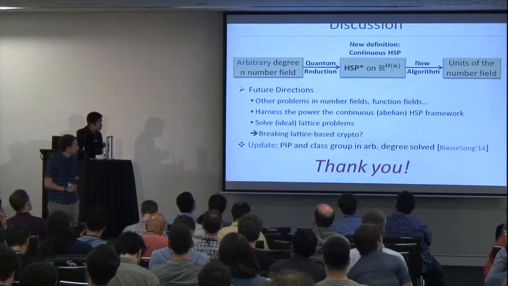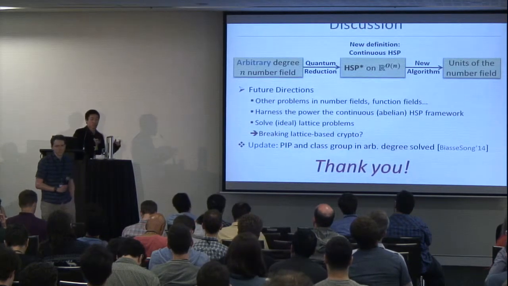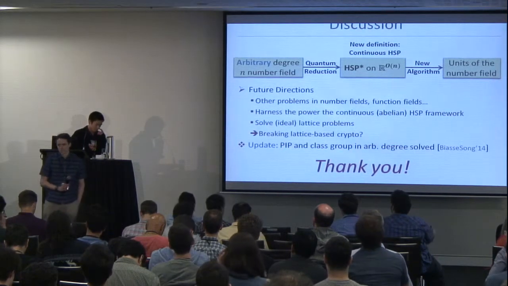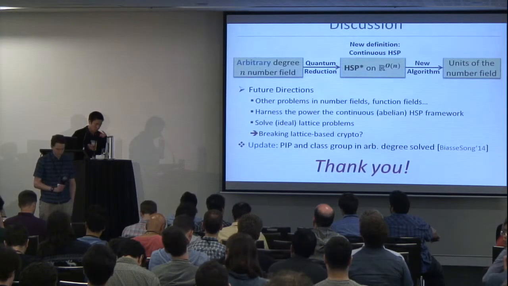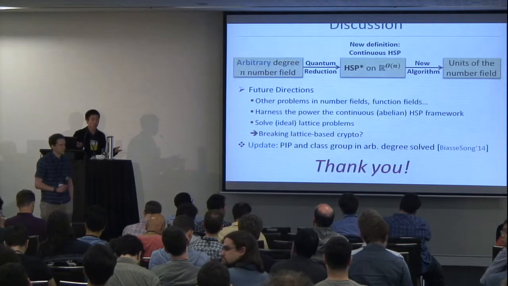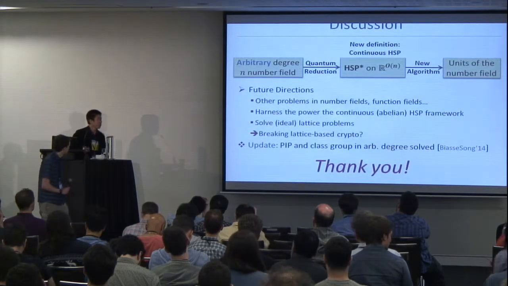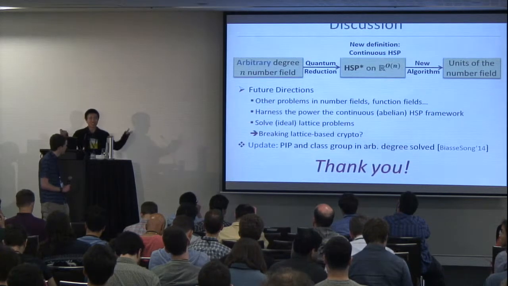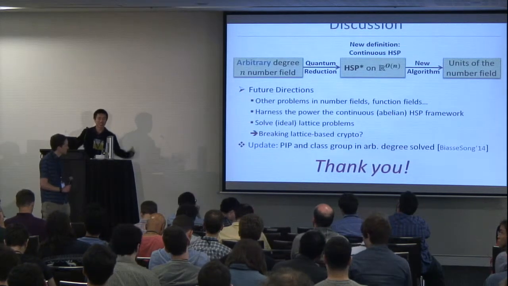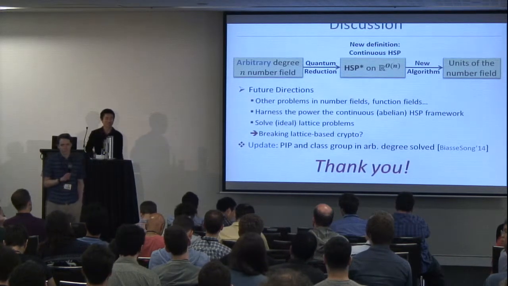The unit group, principal ideal problem and the class group problem are, I don't know, the most theory problems that people study. And there are absolutely others, like solving norm equations, and I don't know, there are tons of them. And you are welcome to work on any of them.